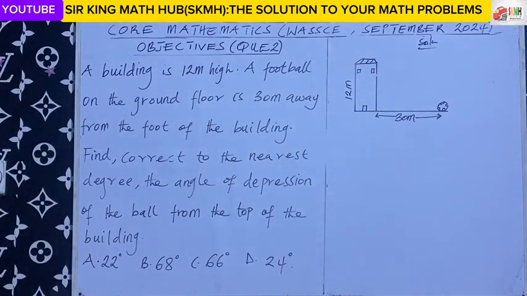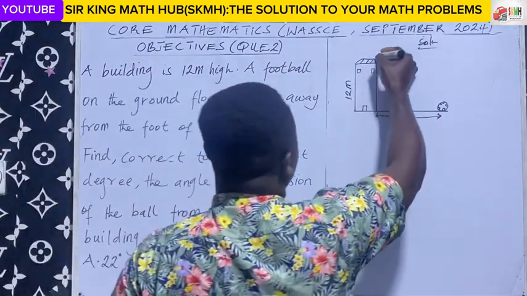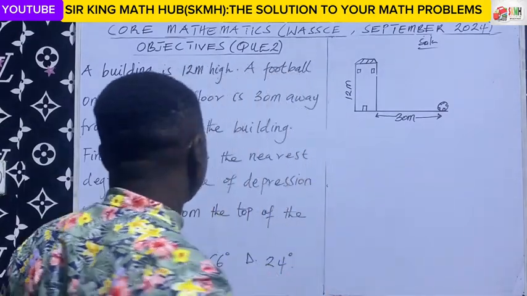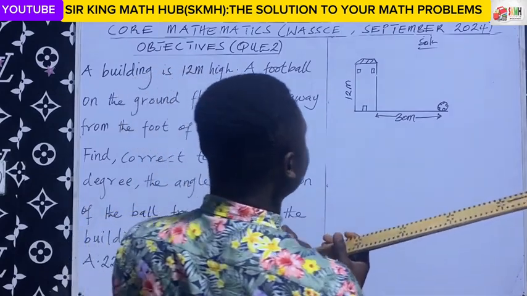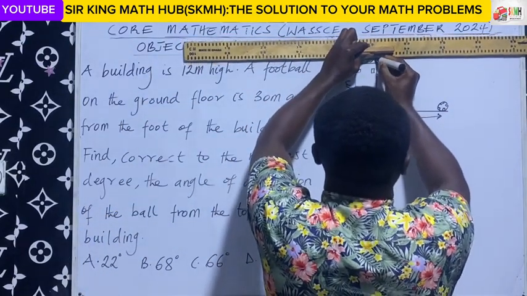Now, we have to find, correct to the nearest degree, the angle of depression of the ball from the top of the building. So from the top of the building, we have to measure the angle of depression of the ball. And then we know that angle of depression is the angle below the horizontal line of sight.